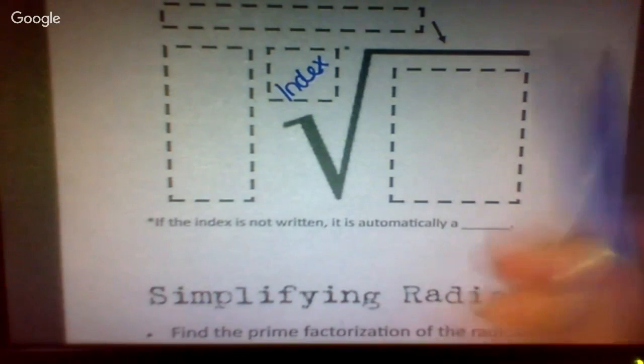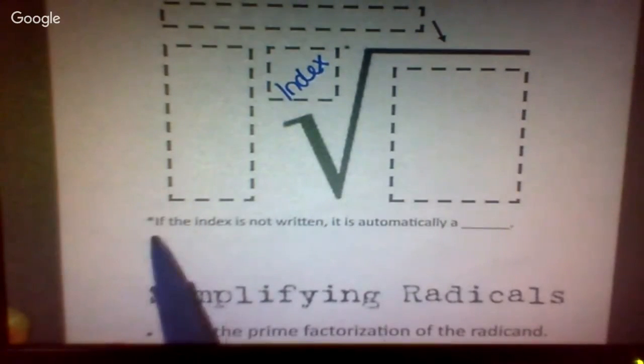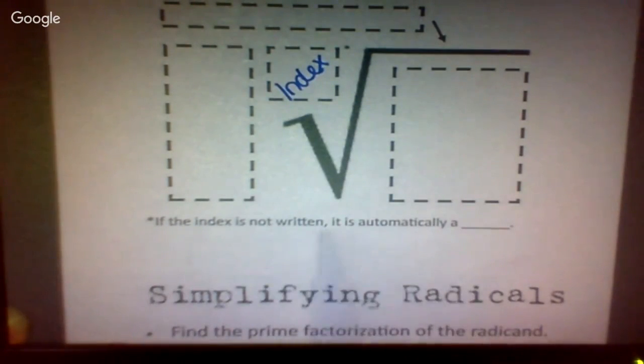Notice there's a little asterisk here that goes down to here. If the index is not written, then it's automatically a 2. Square root. If they don't write it, it's automatically a 2. What your index does is it tells you what size groups we're grouping numbers in. It'll make sense in a little bit.